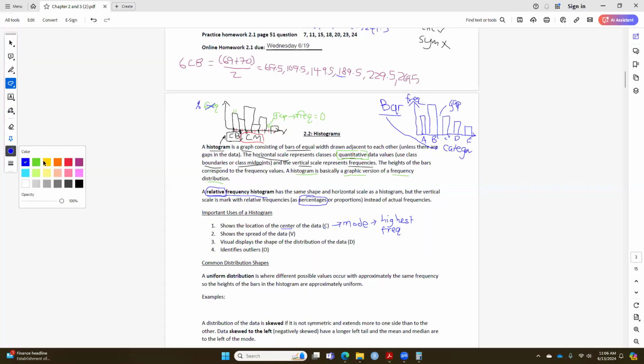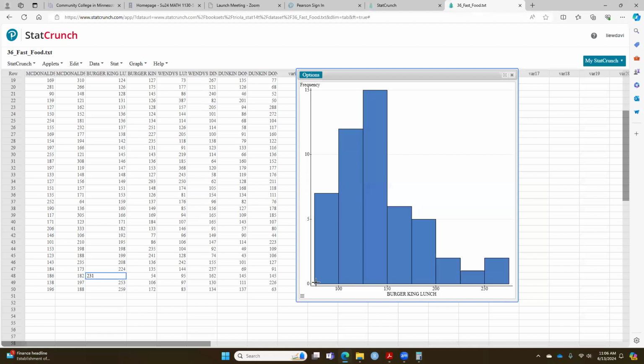That's for C. For V, the variation, we will use the range. What is range in this case? Range is you take the maximum minus the minimum. Okay, that's your range. So for example, for this histogram, the smallest number is 75.